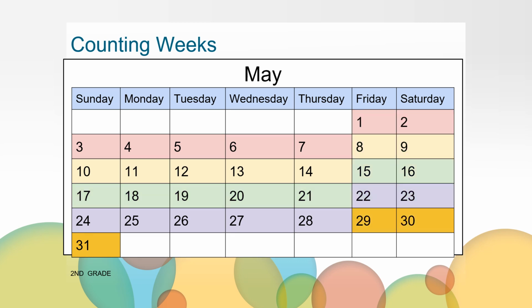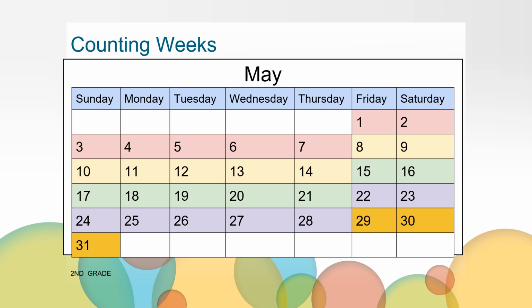Or you could count weeks beginning on Friday, May 1st through Thursday, May 7th. There are still 7 days in each week. The weeks just begin on Friday and end on Thursday. Each week is still in a different color.